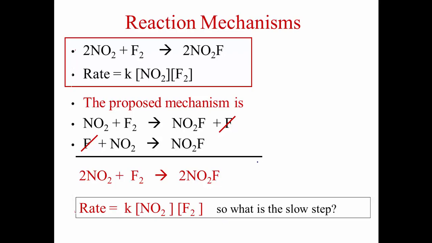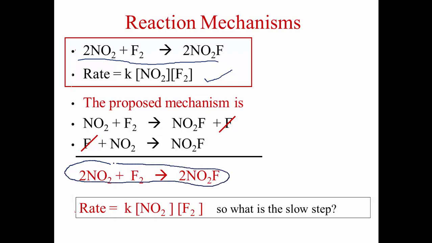So let's look at this. We have a balanced equation, and we have run an experiment to get an experimental rate law. We have a proposed mechanism. We have added up our reactions, canceled out our intermediates. This reaction does match our balanced equation. So that's one criteria. So if this is the experimentally determined rate law, what is our slow step?